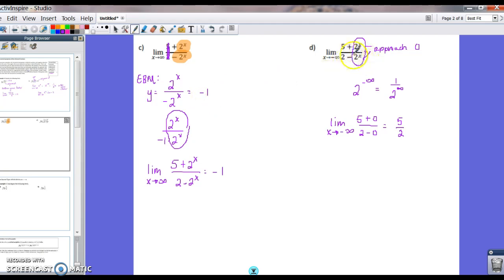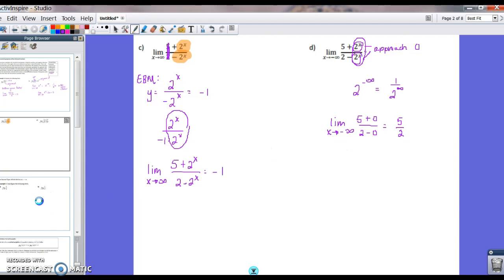The difference here is because it's going to negative infinity, I have 2 to the negative infinity, which would be 1 over 2 to the positive infinity. And because my denominator is growing faster than my numerator, that's approaching 0. So this component and this component are both approaching 0, which leaves me with just 5 over 2 as my limit. Okay, so they look like they should be the same, but you're looking at different parts of it because one's going to positive infinity, and in the second example, it's going to negative infinity.